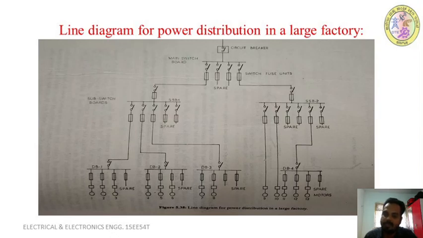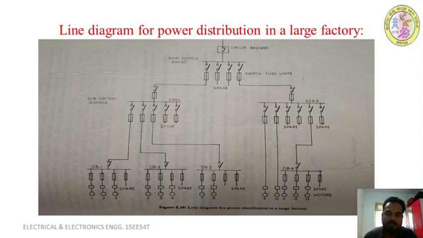This also consists of the same: switch of the machine, starter of the machine, capacitor bank and MCB, all the same way. From distribution board 1 to machine 3, the connection is taken through the starter of machine 3. And the spare is provided for future installation of a machine or for standby operation.